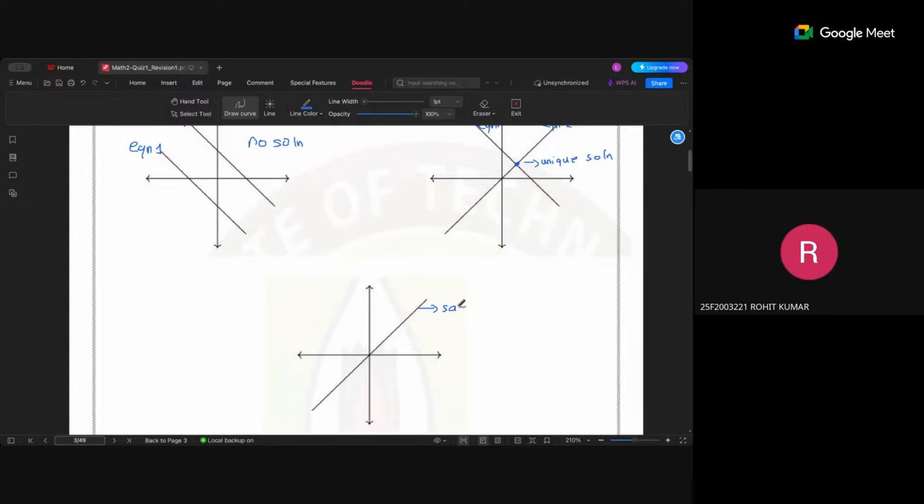The same line represents both equations, right? So in this case, all points on the line, which is infinitely many, are solutions. So you have infinitely many solutions in this case.